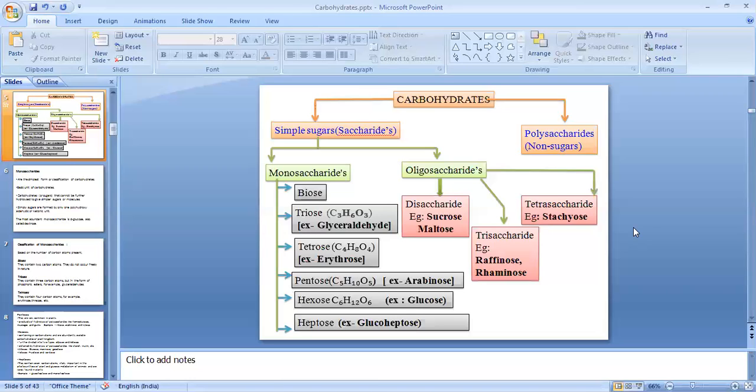If the number of monosaccharide units is more than 4 or 5, they are called polysaccharides. They are completely non-sugar in nature. Among oligosaccharides, some of the disaccharides come under the simple sugars.